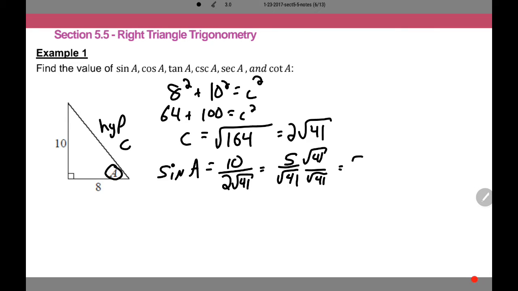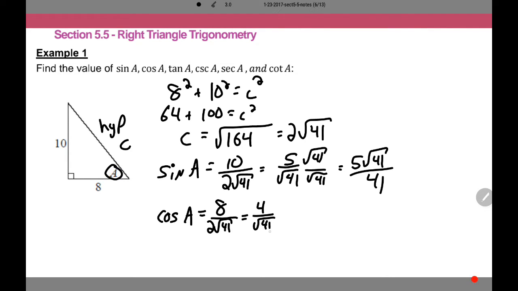So that gives me 5 times the square root of 41 over 41 for the sine of A. The cosine of A is our adjacent, which is 8 in this case, over our hypotenuse. And we simplify that down again real quick before we rationalize. And that equals 4 square root of 41 over 41.